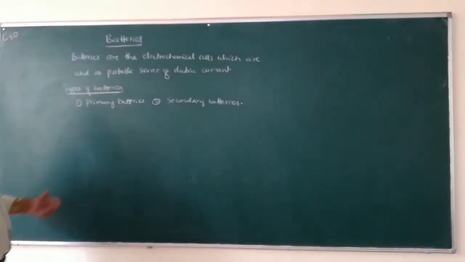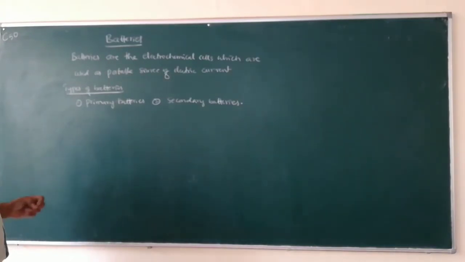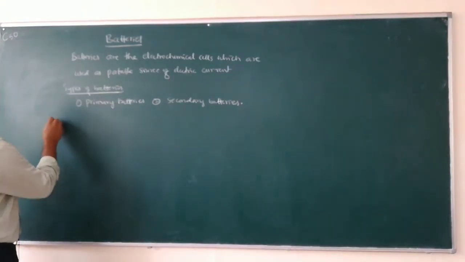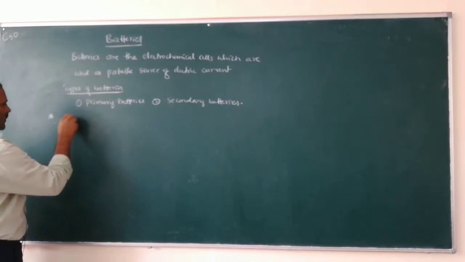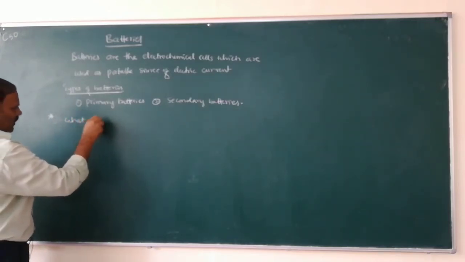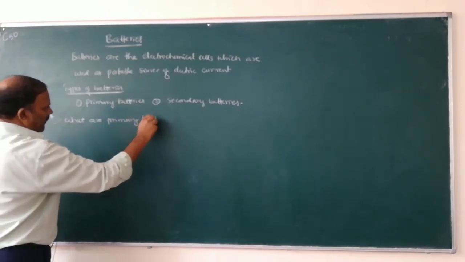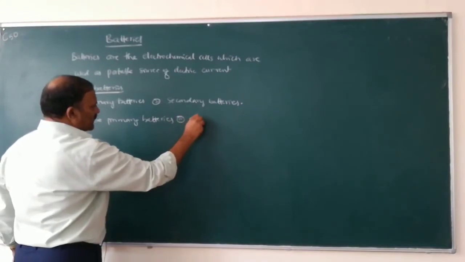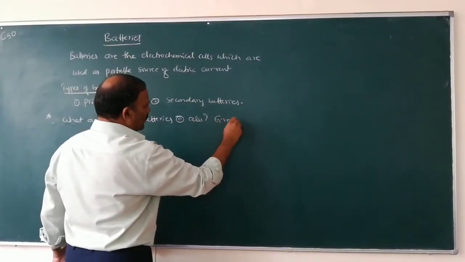The definitions of primary batteries and secondary batteries are very important. They will be asked in the examinations. So first we will learn what primary batteries or cells are, and give examples.